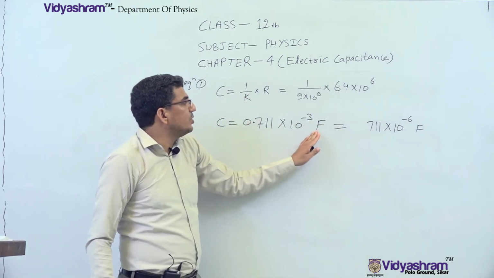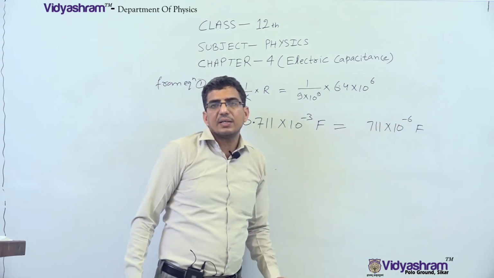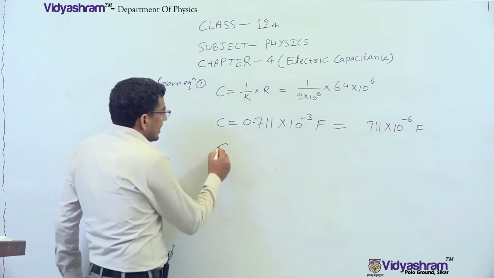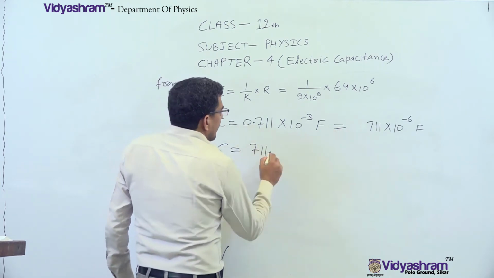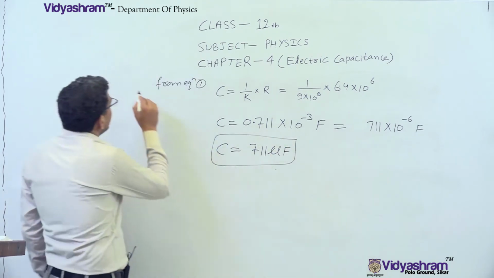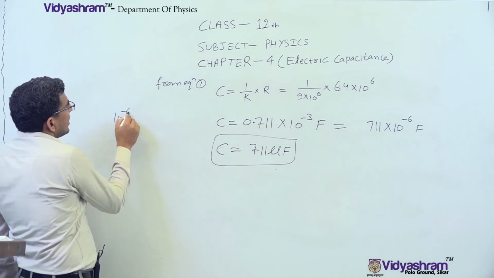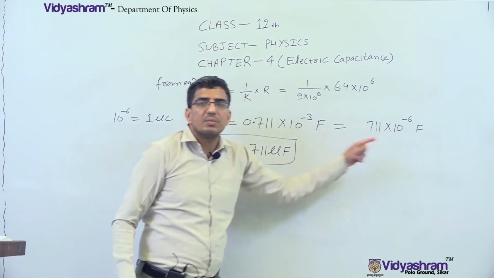Farad is the unit. Remove the point, then 10 power minus 6. The capacitance is equal to 711 microfarad. 10 power minus 6 is micro.